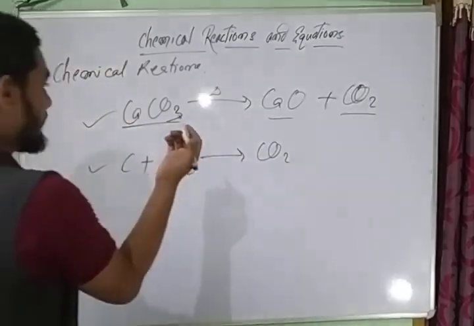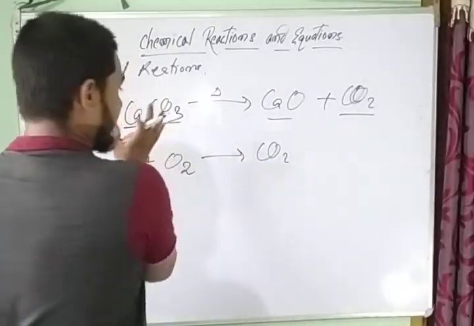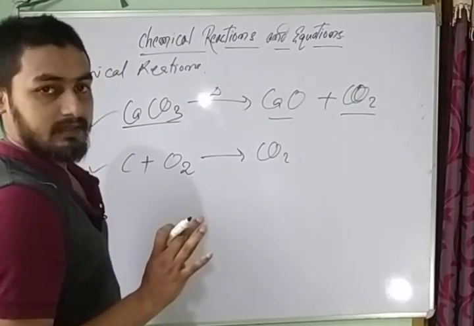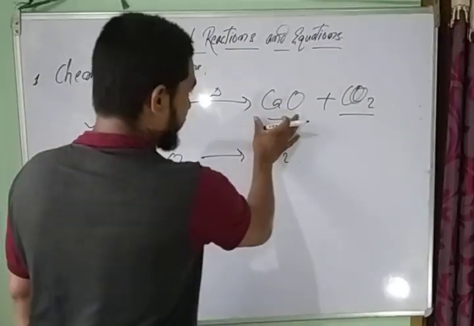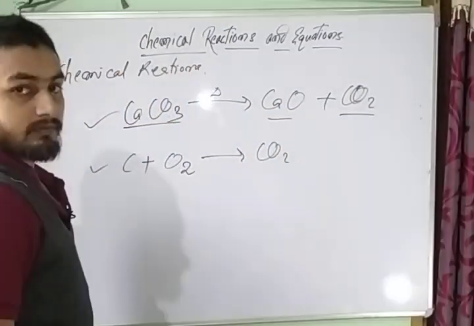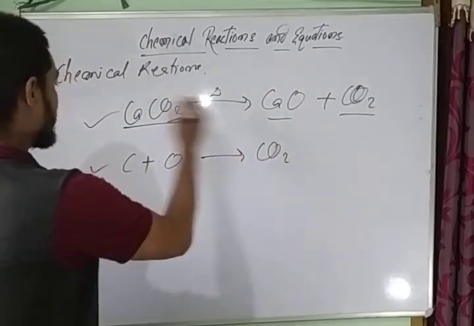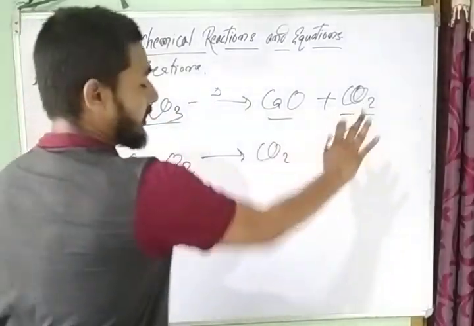Obviously a type of bond breaking takes place, and that's why calcium oxide and carbon dioxide are formed. So this chemical reaction is carried out by means of bond breaking.